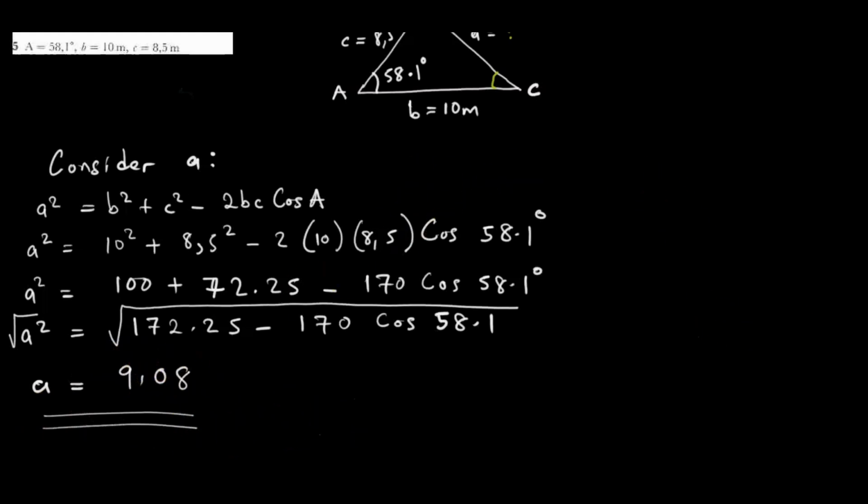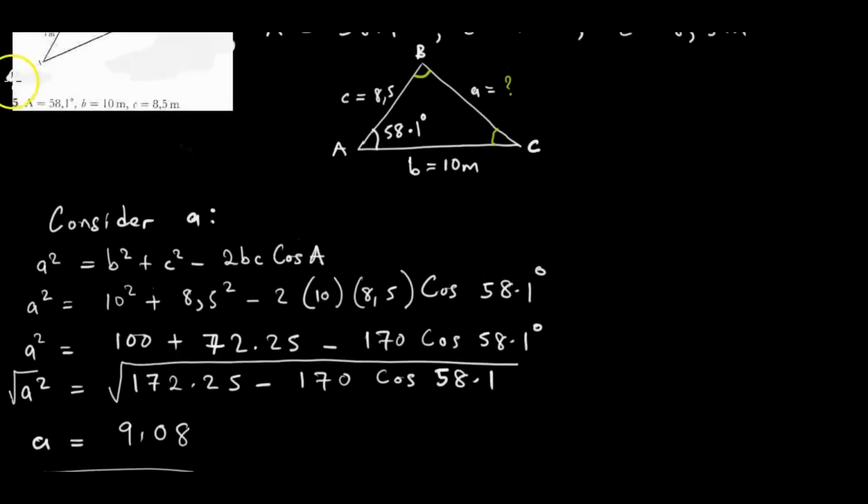So this is the side. We can come here, tonyora out our side A is equal to 9.08. Then from that much, we have to consider either angle B kana C. Saka let us consider kutsvaga B. So we consider B panapa.